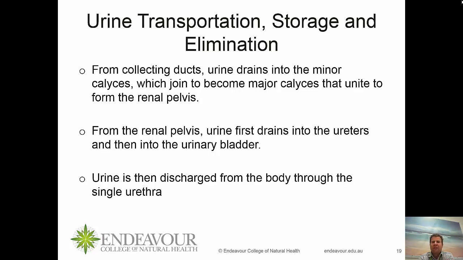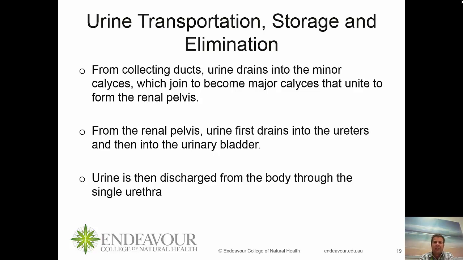So whatever's left in the collecting ducts is in fact going to be what comes out as urine. All that happens now is all the fluid from all the collecting ducts forms into larger and larger vessels that eventually leave the kidney at the ureter.